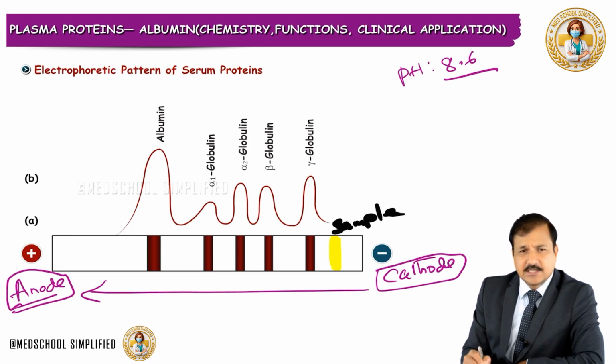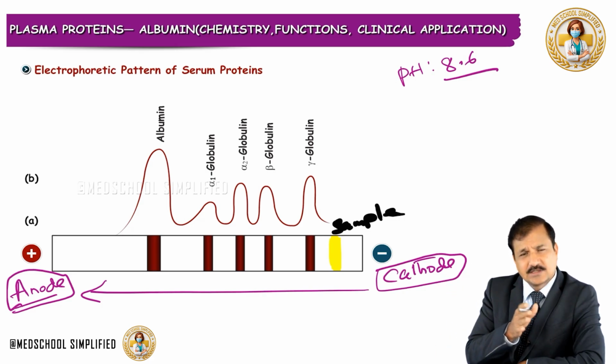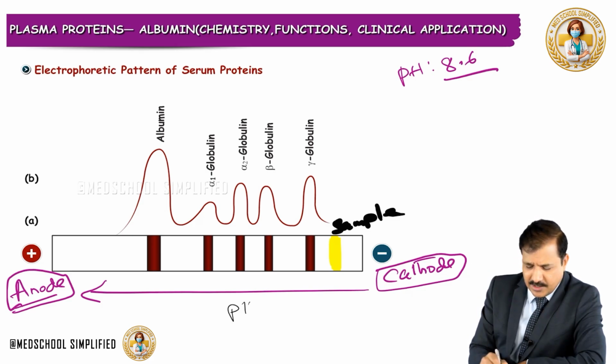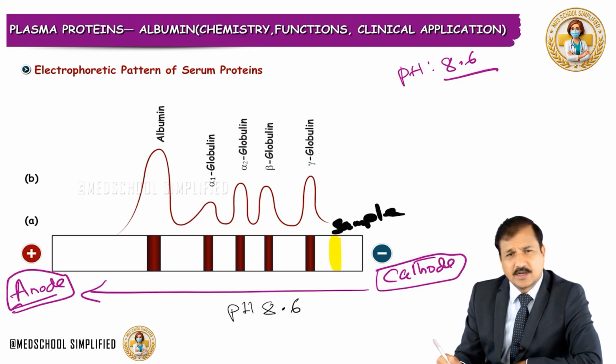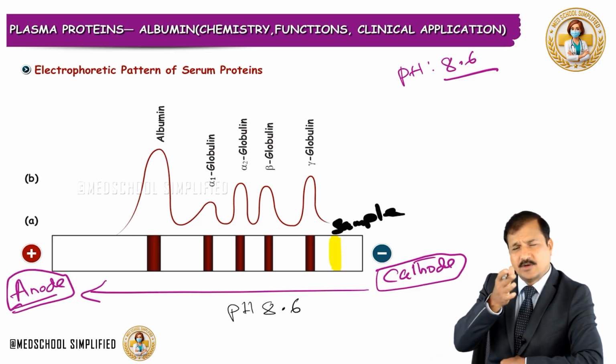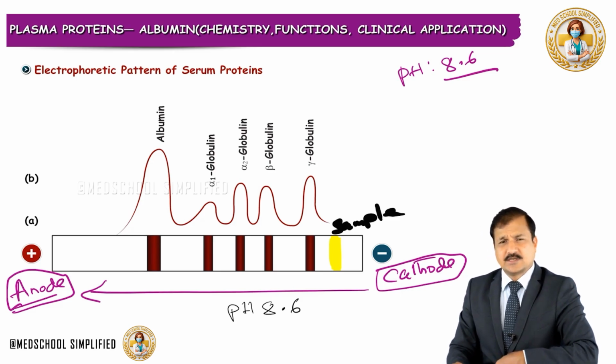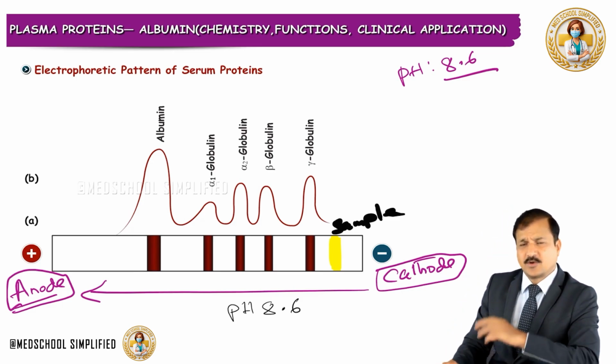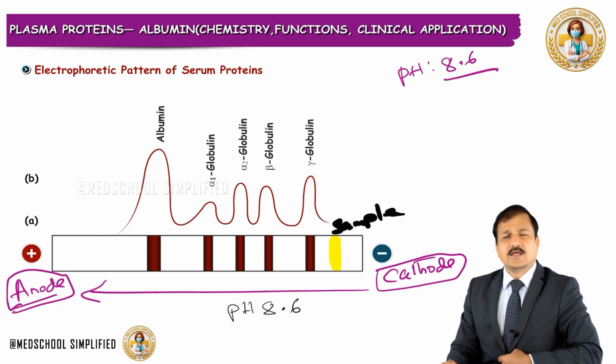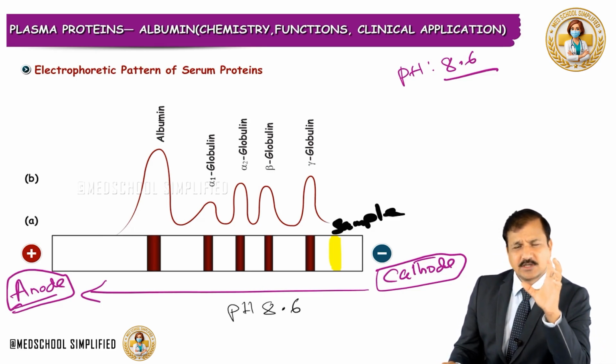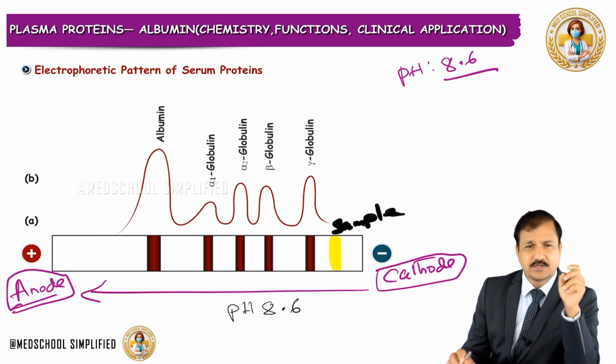Now, when electricity is passed from cathode to anode, there will be separation of serum proteins according to their overall charge and also size. Also remember, the pH of the medium that we are using is 8.6. At that pH, the amino acid side chains undergo protonation and deprotonation because of the pH-pK relation, so molecules with higher negative charges will move towards the anode.